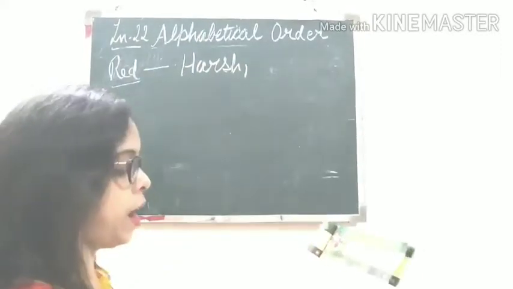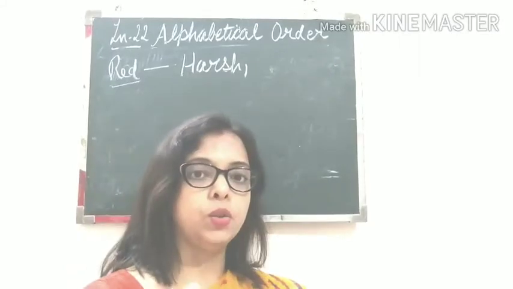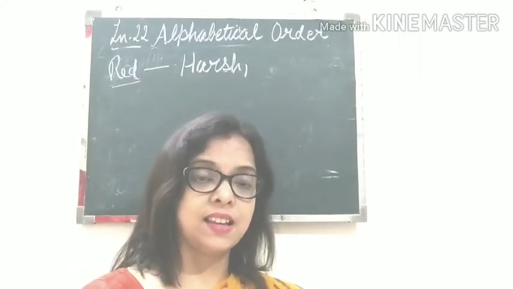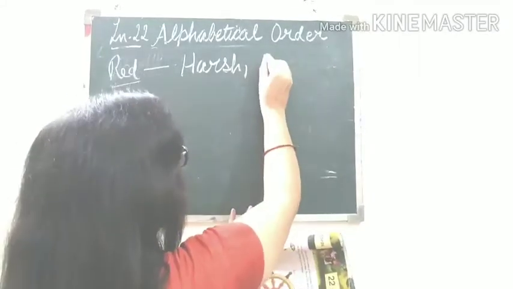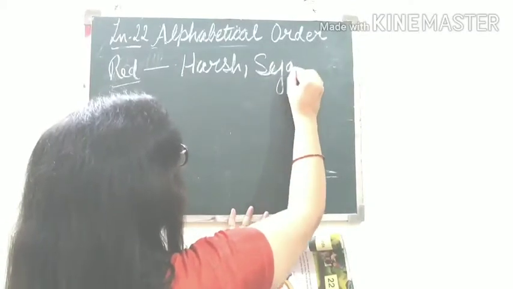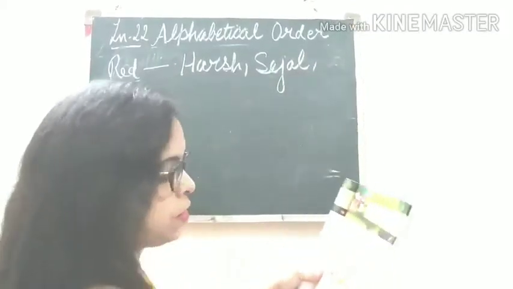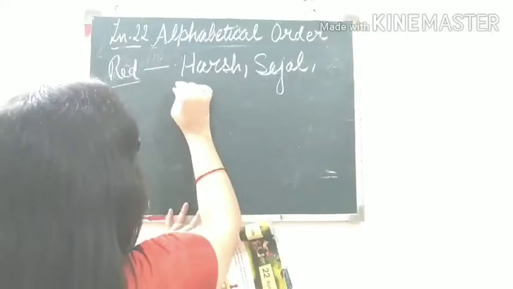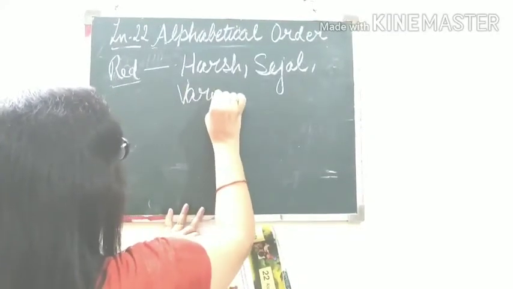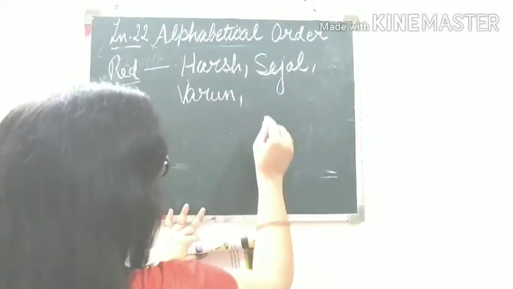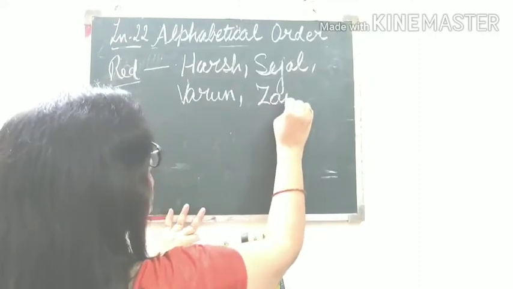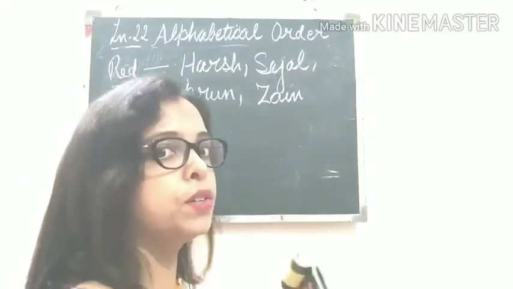After that, H, I, J, K, L, M, N, O, P, Q, R, S. Sejal. Next will be Sejal. After that, V will come. Varun. And last will be Zain, because Z is the last alphabet, we know.